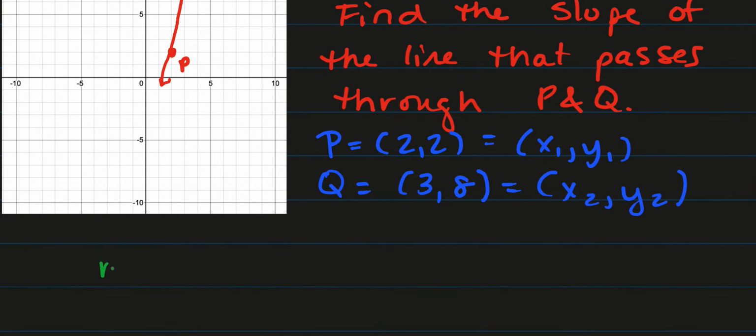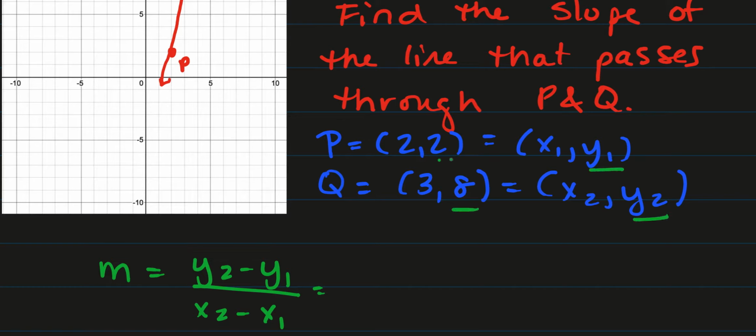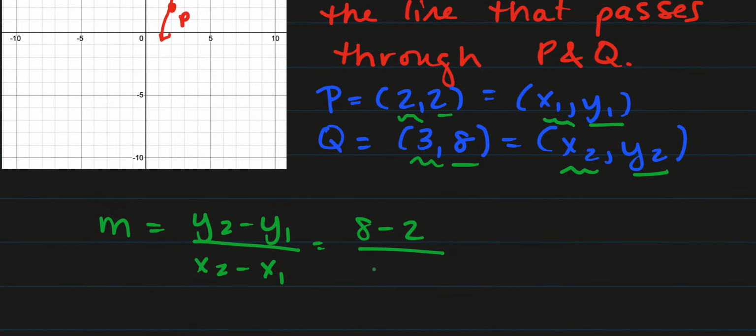The slope, M, is y2 minus y1 divided by x2 minus x1. Okay, so y2 minus y1 is 8 minus 2. And then x2 minus x1 is 3 minus 2. So we get 6 over 1, or just the number 6.